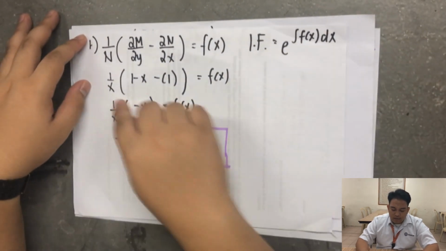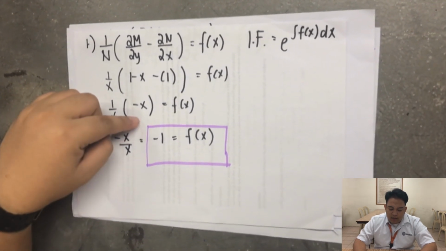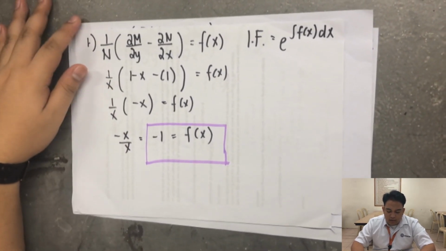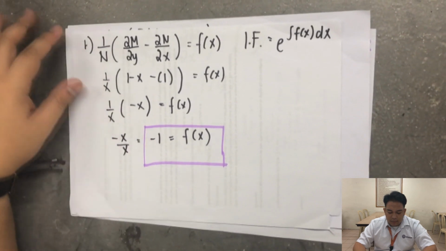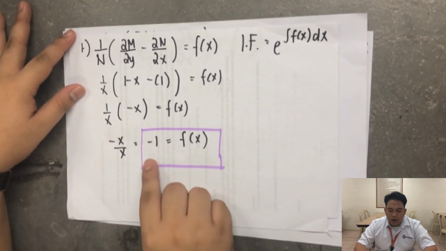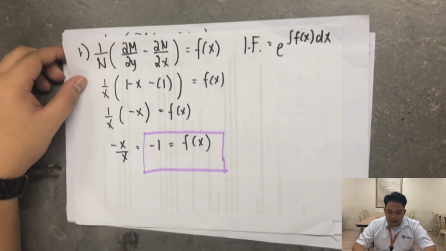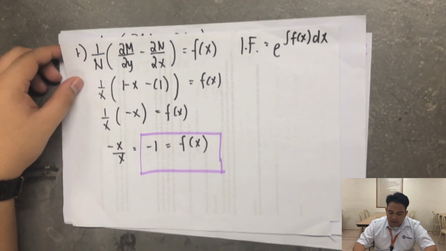We cancel the 1's and remain with 1 over x times negative x. That will be our function of x. So we get negative x over x, or negative 1. As you can see, the answer we got from the formula is a term involving only the variable x.